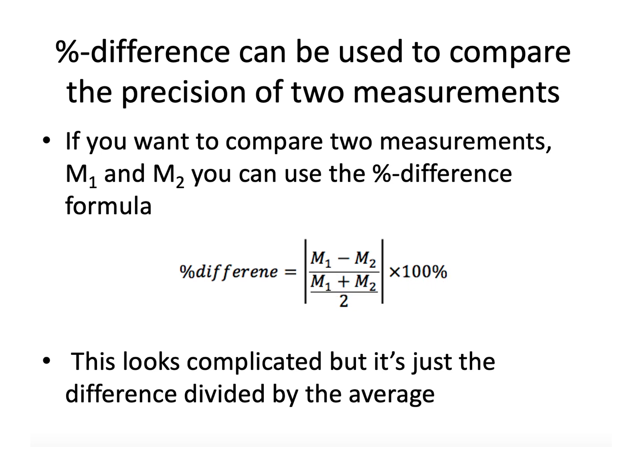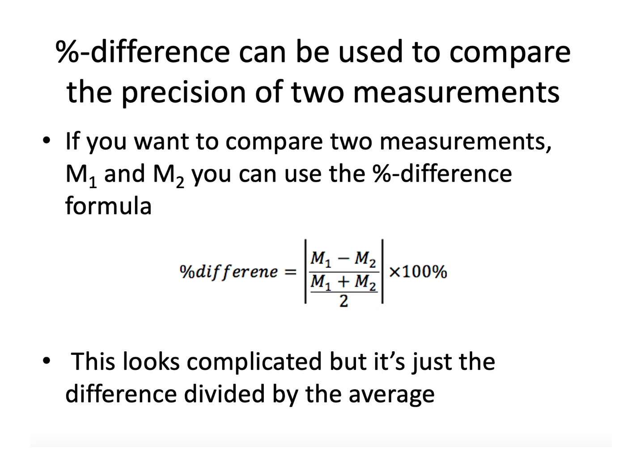Now, in the previous formula, the percent error formula, you took the difference and you divided by the accepted value. But here we've got two measurements, neither of which is accepted. And so we don't want to divide by M1 because M2 might actually be closer to the right value. And we don't want to divide by M2 because M1 might be closer to the right value. The point is, if we divide by the average, we're comparing the difference to something that is maybe closer to the correct value than either of these together.